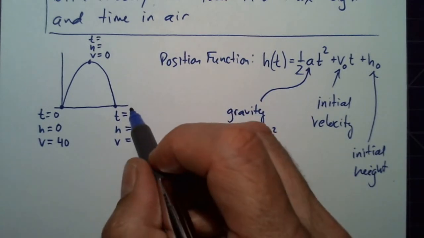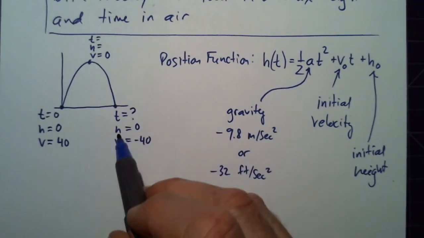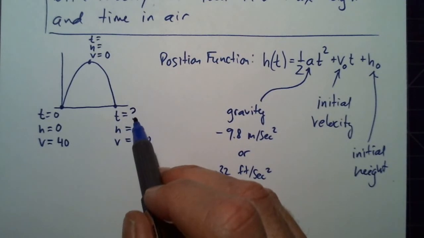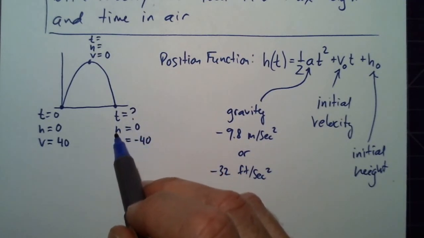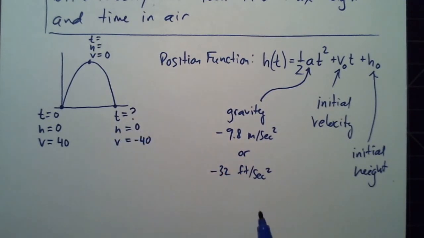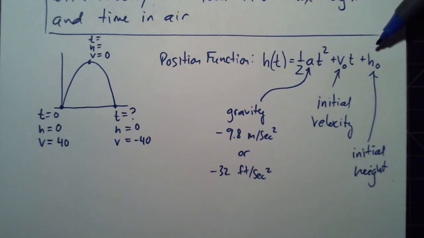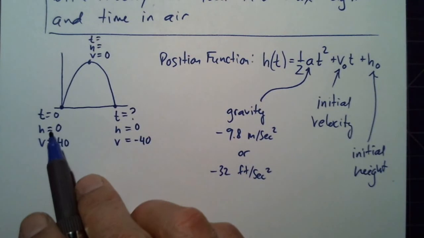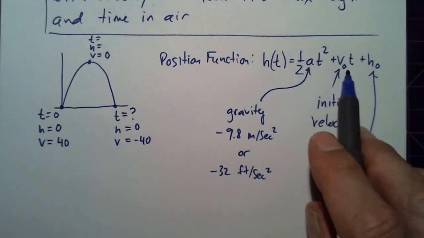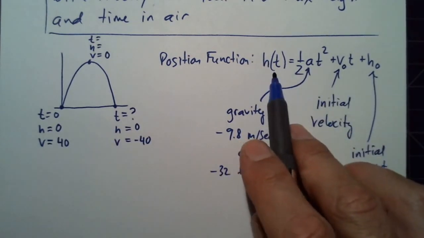We're trying to find this, and we know that the height is 0 when time is what we're trying to find here. So we can say, well, we know the height is 0, and that's going to give us this value because this is 0 due to this. We want to find the time when this is 0.